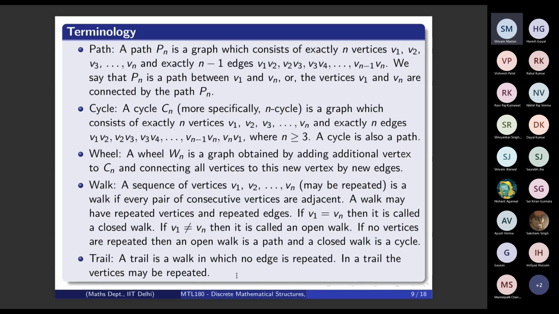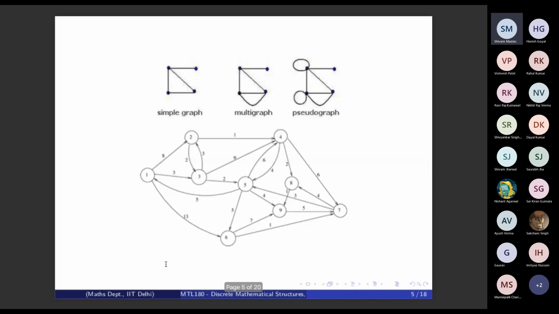It does not need to contain every edge. For example, in this graph, if we write only UV, this is also a trail, right? But that is not an Eulerian trail because it does not contain all the edges. Yes, sir.